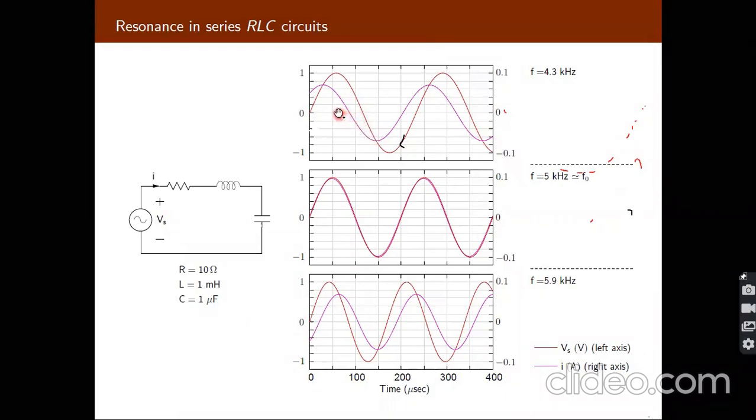Red is voltage, and this pink is current. If we see this pink color, current is leading. In all three cases, the voltage is the reference wave because it starts from 0. So for this reference voltage, the current is leading. That means the circuit is acting as a capacitive circuit.